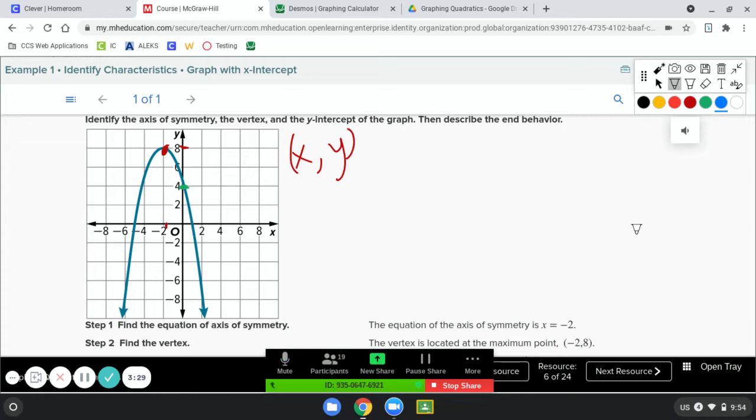If I'm looking at 0, this point here is 0, 4. This point here is 1, 0. This point here is 2, -6. So as x goes up, 0, 1, and 2, the y values are going down. They start at 4, they go to 0, and then they go to the negatives. So as x increases, y is decreasing.